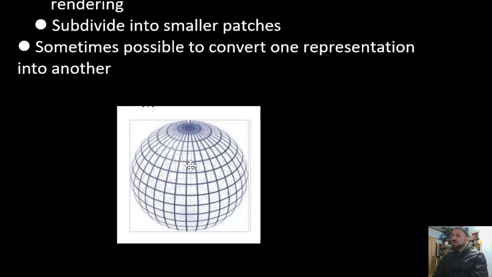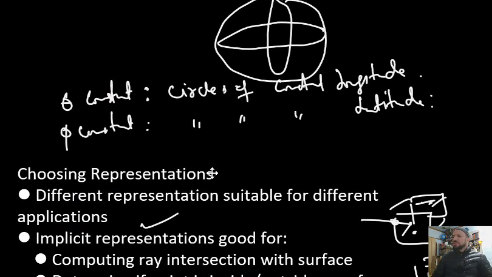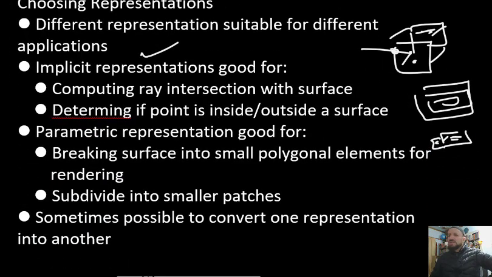This is how we represent it, like a wire mesh, where the parametric representation is best to design these objects. So if you have to break a surface into smaller polygon elements for rendering, then parametric is nice, or you subdivide into smaller patches.